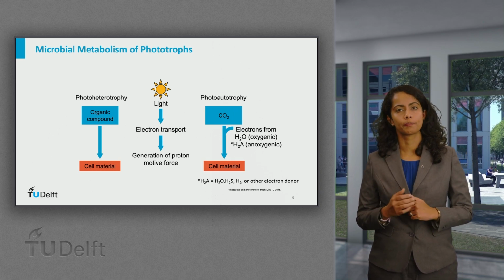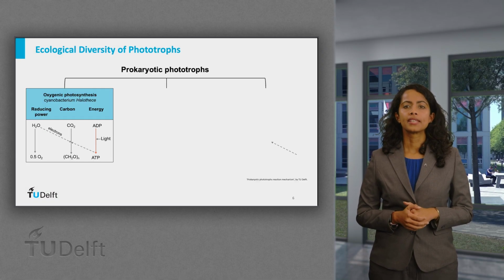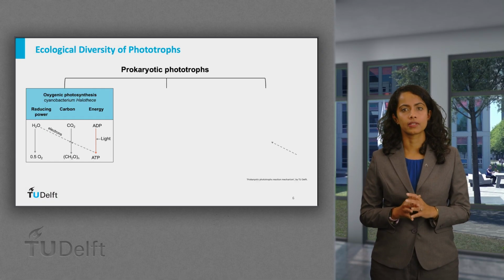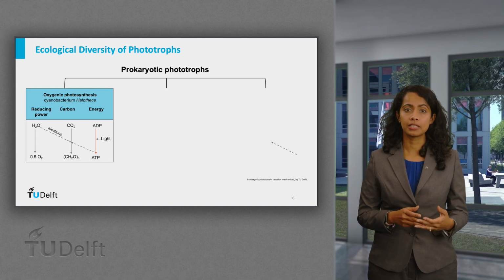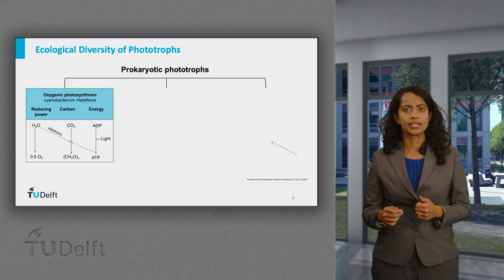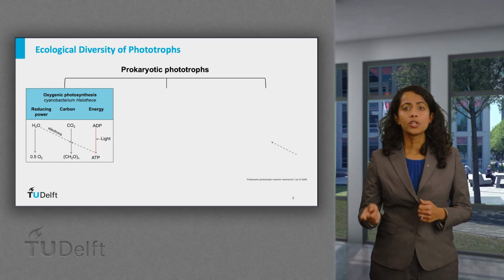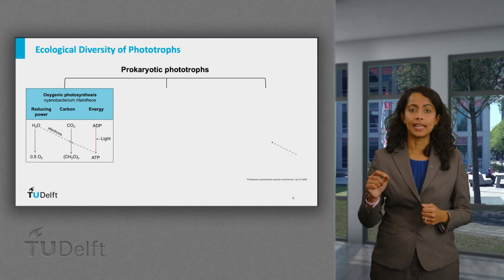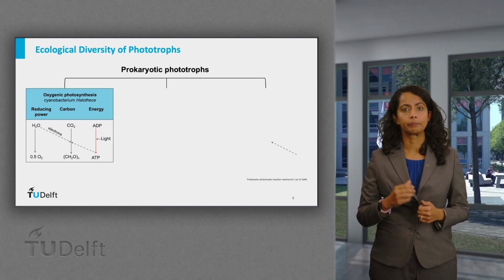One of the best forms of photosynthesis is oxygenic photosynthesis, performed by cyanobacteria. Here, light energy is converted into ATP, which powers the reduction of CO2 into biomass using electrons derived from water.